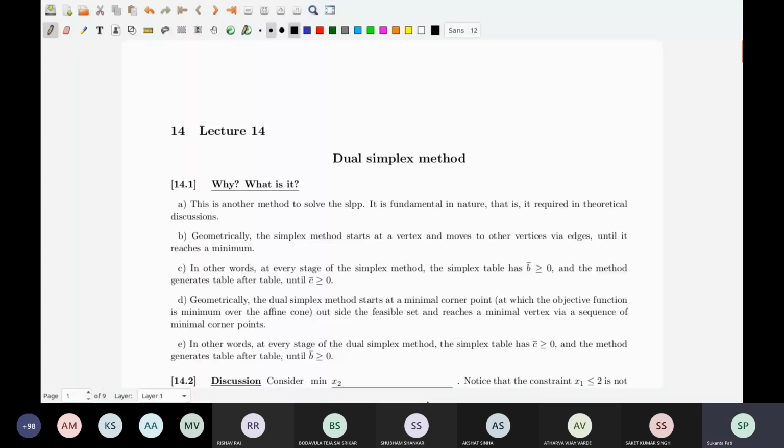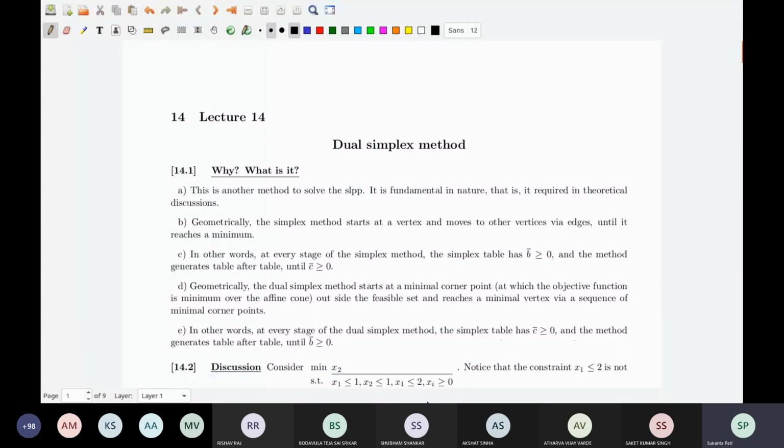Okay, then we were talking about this dual simplex method. Last time I explained why. I have written a little better way of specifically answering questions. Why?